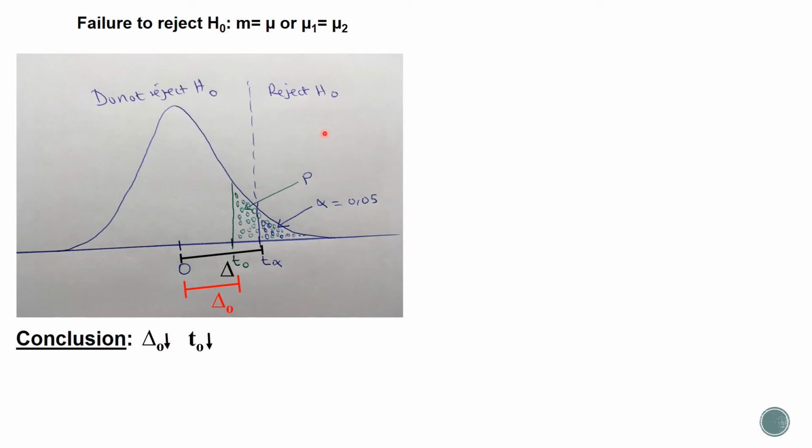So if mu1 minus mu2, if that difference is actually minute, then it will give us a small observed statistical value, as we've seen, compared to the difference here. You would see that the observed change or difference is small.